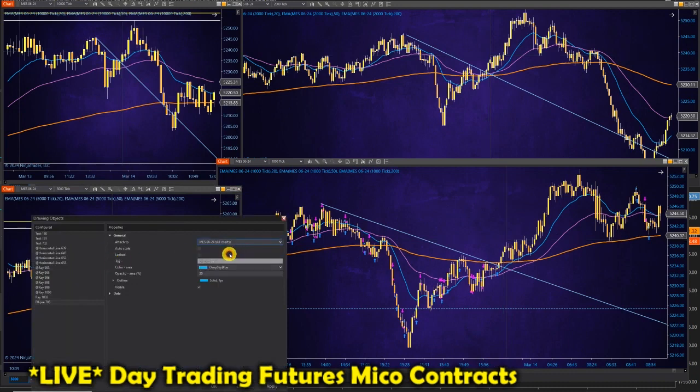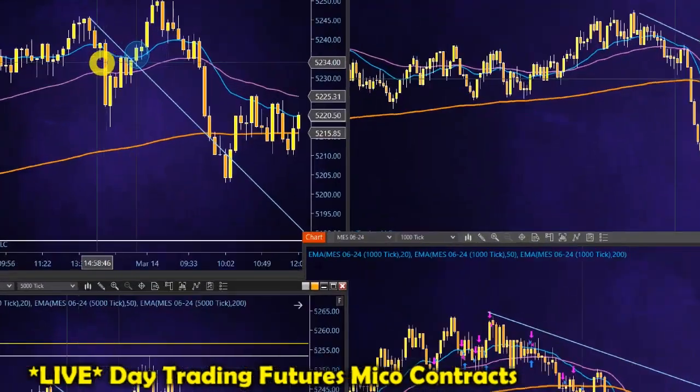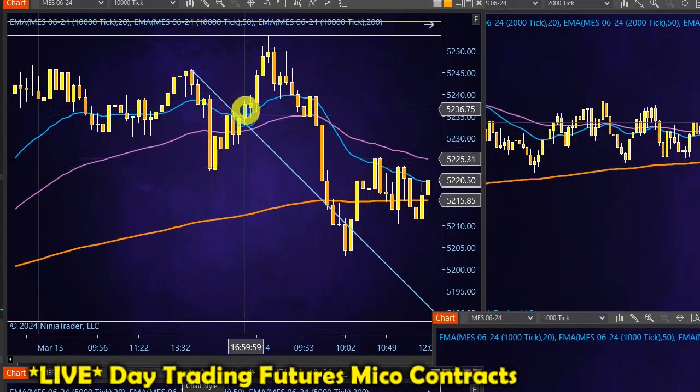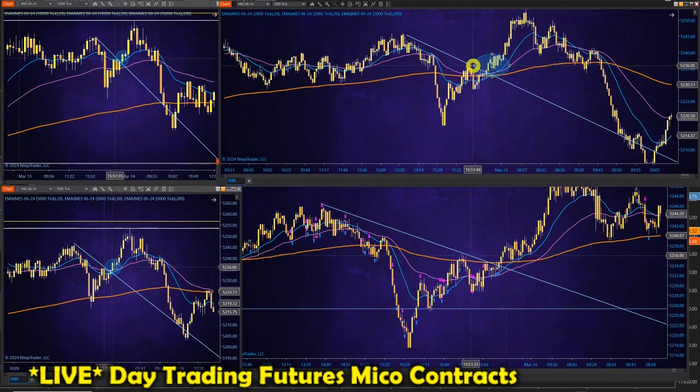I'm going to put a circle so we can see on all these time charts where it's at. You see the circle right there. That's where the entrance is, and it's probably a 2-to-1, 70% chance win rate. This is one of my favorite strategies, the moving average trend line strategy. Very powerful, very interesting.